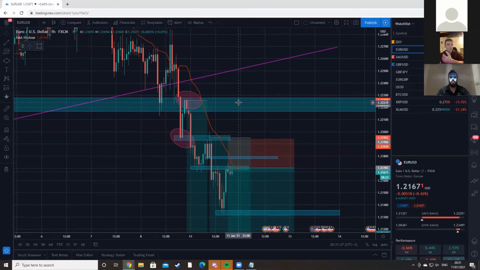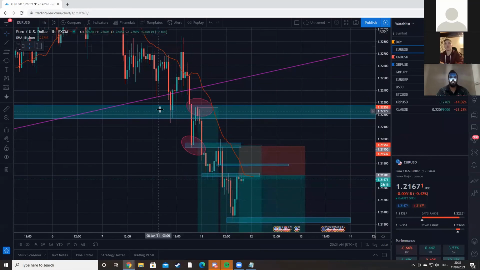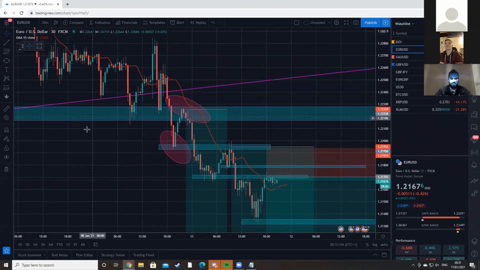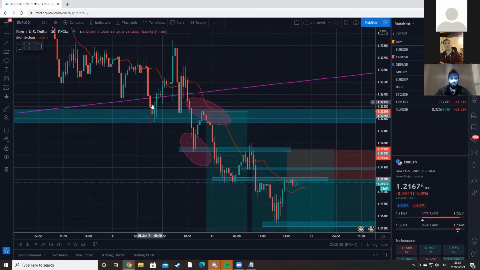But what I saw here was that we already made some kind of lower low after we just broke our trend line. If you look at the 30-minute, for example, we really broke and closed below our trend line. So for me, this was some kind of first lower low.